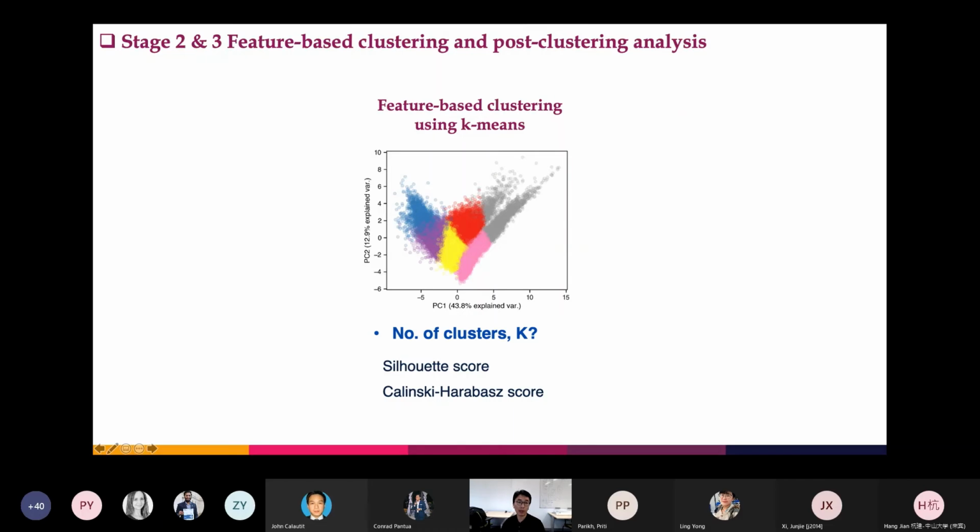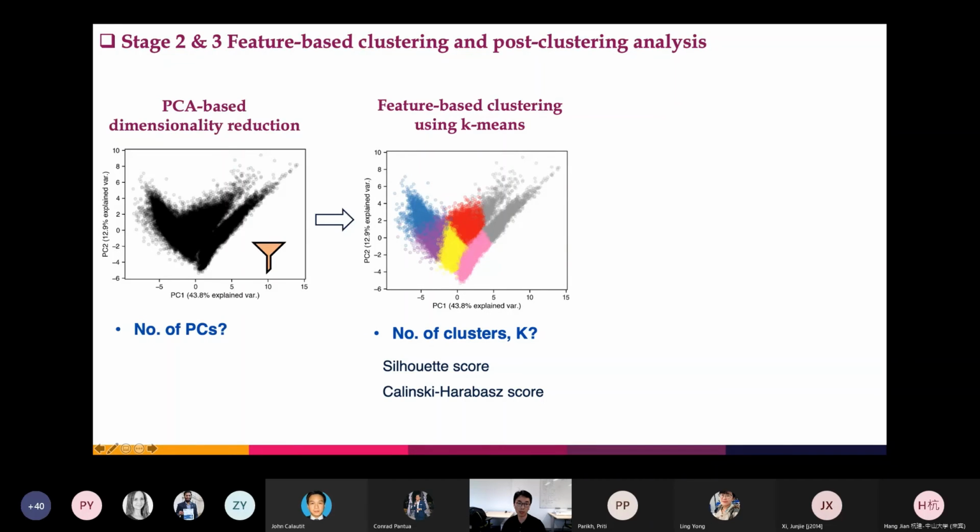Stage 2: after we get the interpretable features, we can do the clustering using k-means. One of the critical questions about k-means is how we can determine the number of clusters. Here we use the silhouette score and the collectivity score to help us determine it.